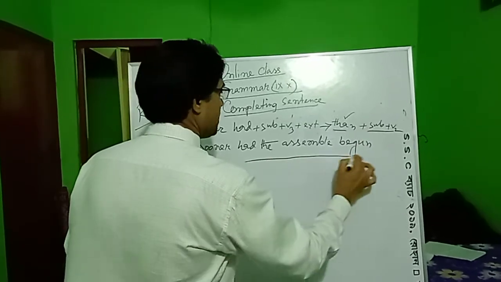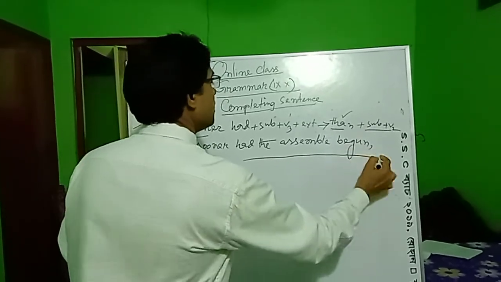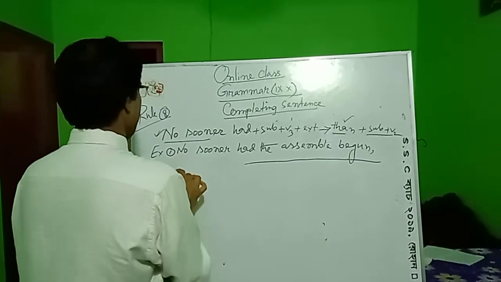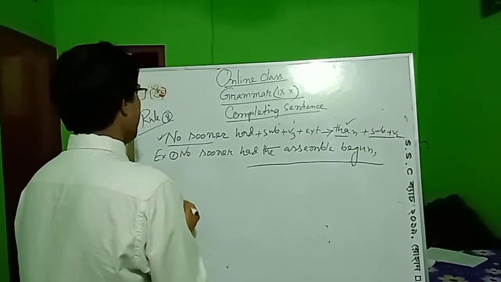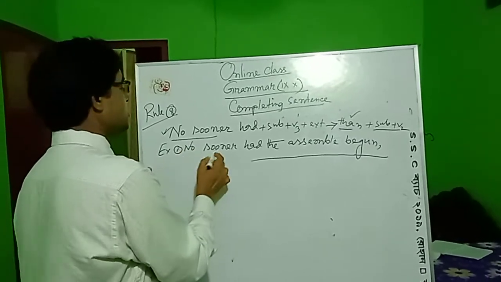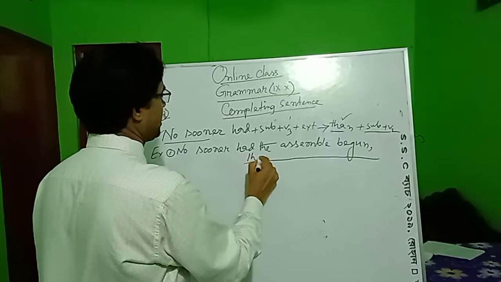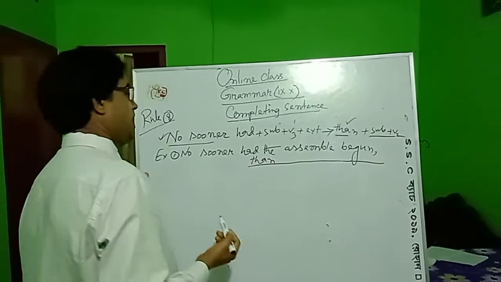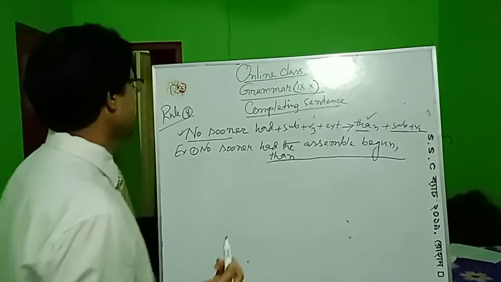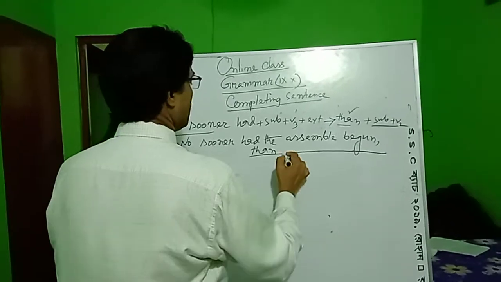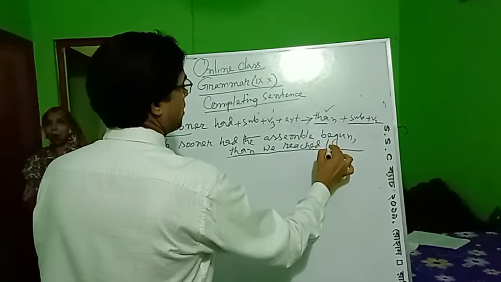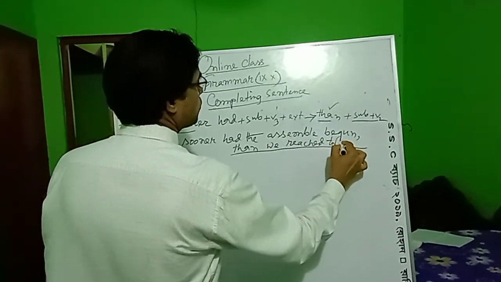If we want to complete the rest part of the sentence, we will use then, as I have discussed previously, that if our sentence begins with no sooner, we will write then, then we will write another sentence that will be past indefinite tense. Then we reached home. Then we reached the school.